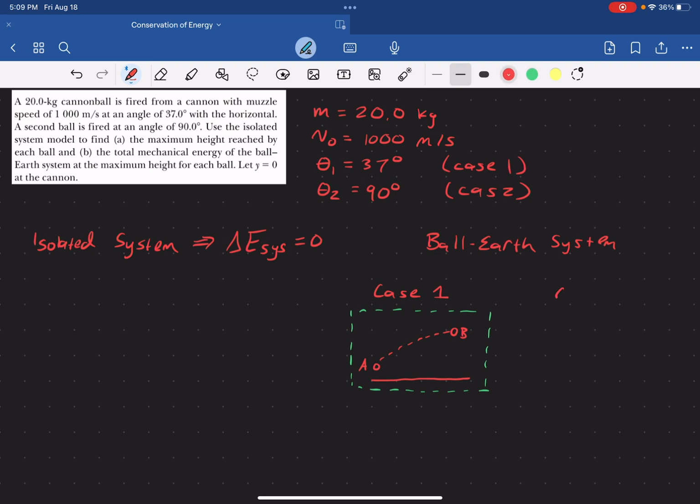For case 2, it's a little bit simpler, it seems. The ball just goes straight up from point A to point B.